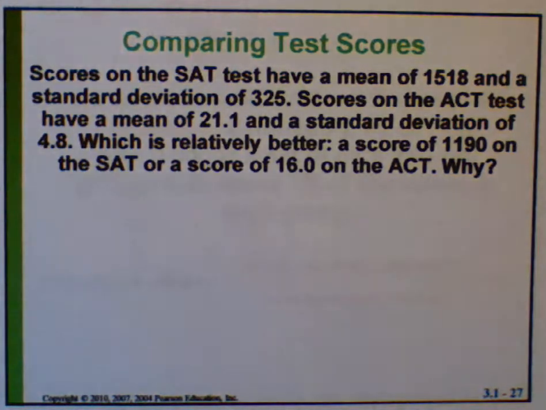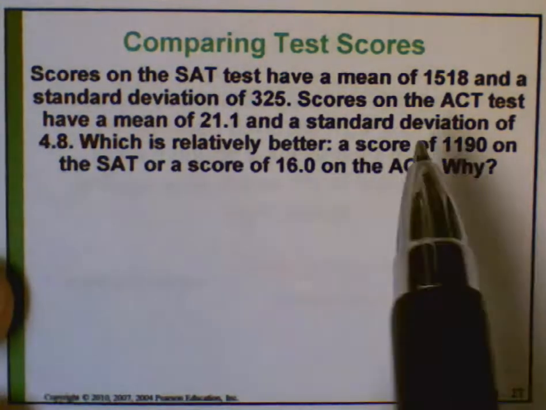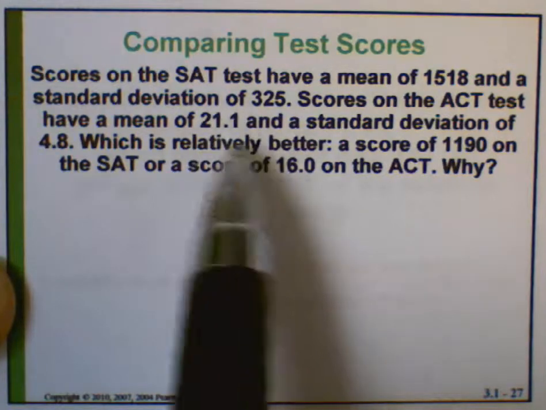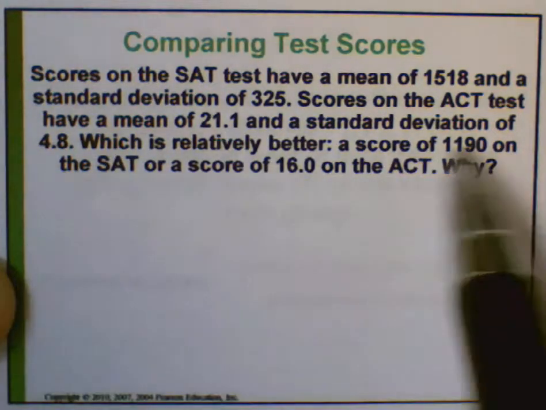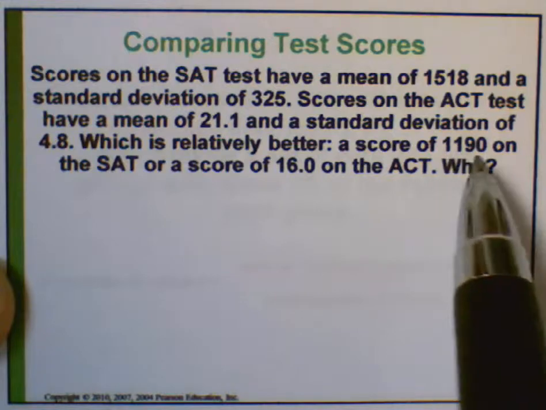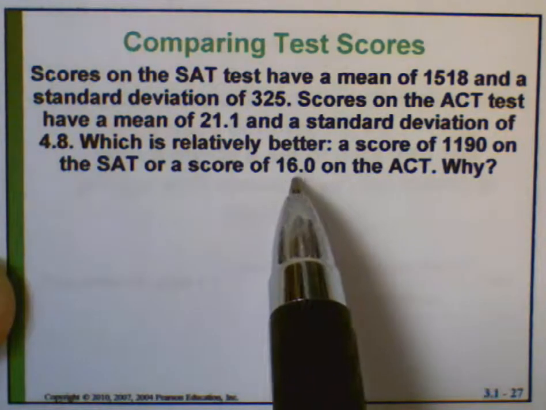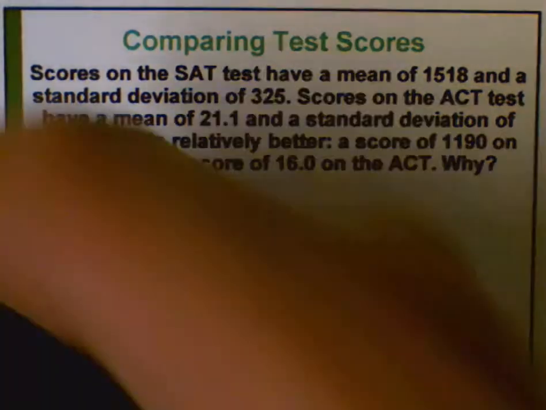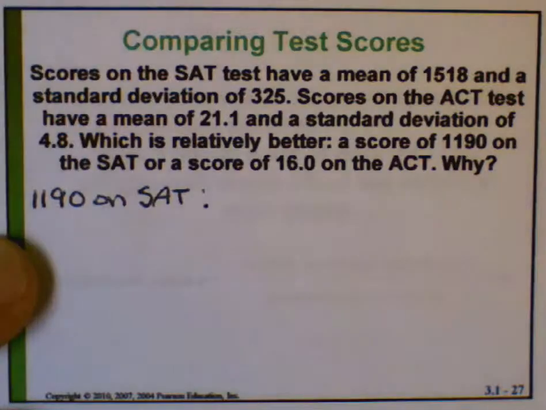So we want to compare an SAT score with an ACT score. We can't really compare an 1190 on the SAT to a 16 on the ACT unless we standardize those scores, or unless we find the z-scores. So let's find the z-score for 1190 on the SAT.